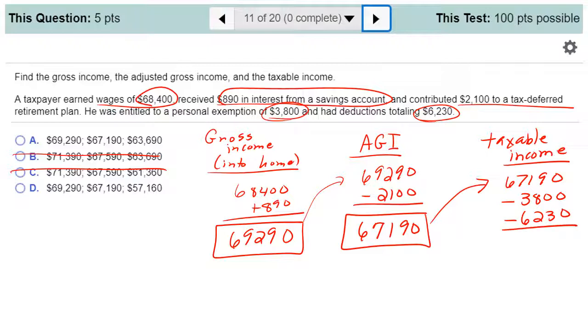So let me go ahead and subtract that from my AGI. And I will get $57,160. That is the amount of money I would owe taxes on, not the original gross of 69 plus thousands. So the correct answer would be D.